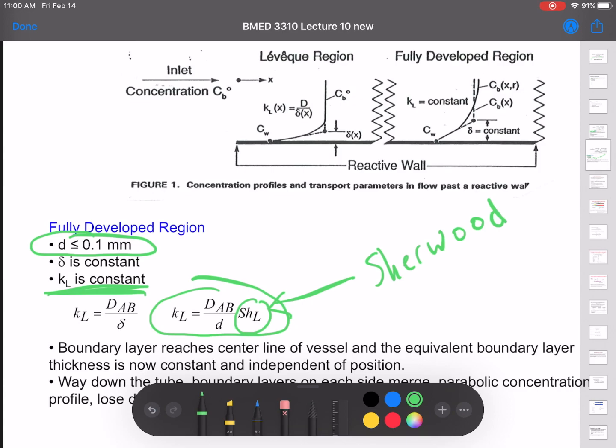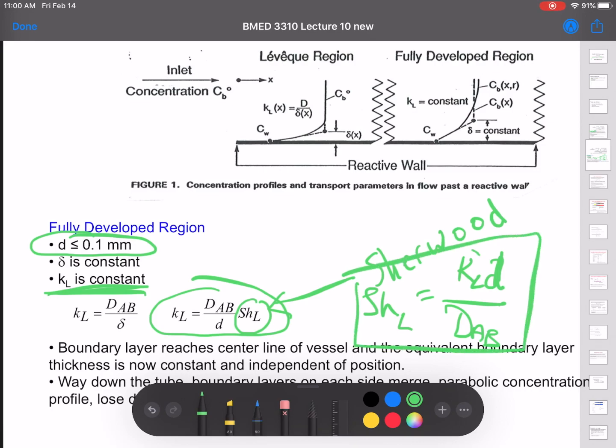So you've got correlations in order to find the Sherwood number, and the Sherwood number we saw was just the local convective coefficient times some characteristic length, which in this case she's calling small d, diameter, divided by the diffusivity. That was the local Sherwood number. So all she did is she took this and solved for our convection coefficient. That's all that is.